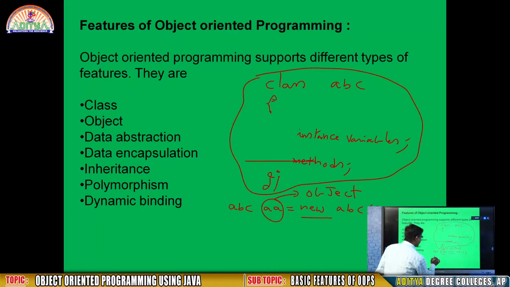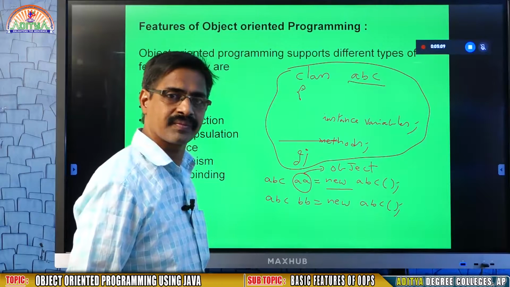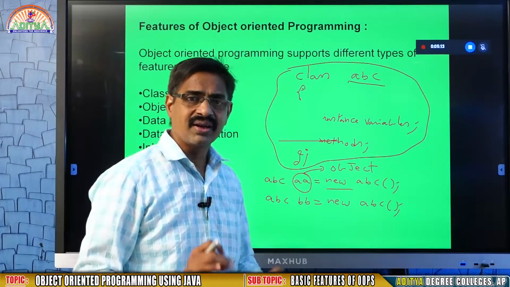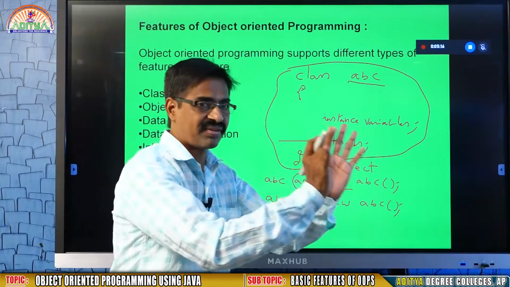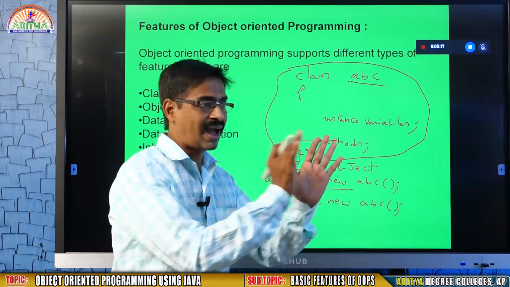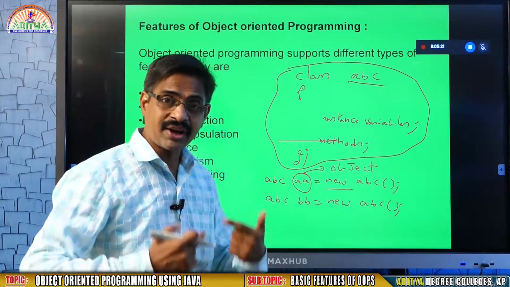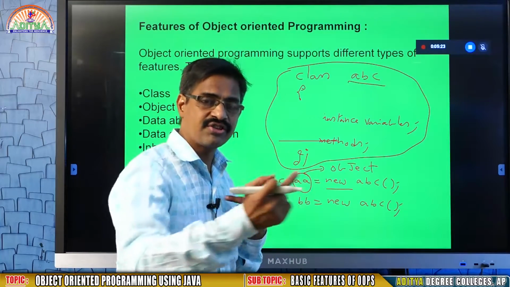If you are going to create another object, I am creating another object from the class ABC. That means AA is one object, BB is another object. Just like this, class ABC is like class Person. From the Person class, I am creating Kumar, Satish, Raju.